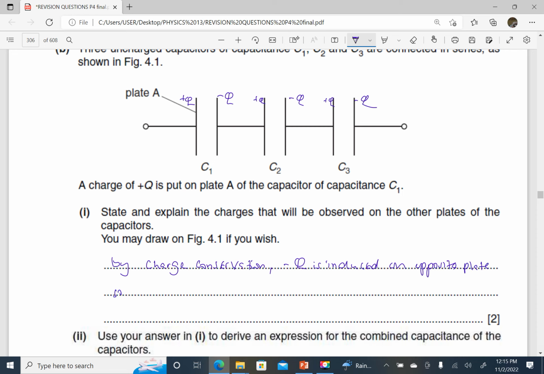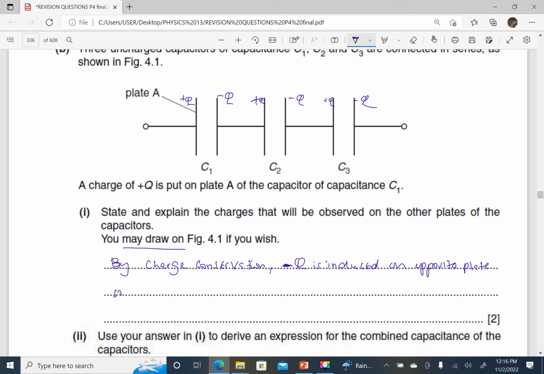So the charges will be, because they said you may draw on the figure, you can just add them in there. Like I have shown, when we have positive Q on one plate, it will be negative Q on the other plate. So by charge conservation, a charge negative Q is induced on the opposite plate.